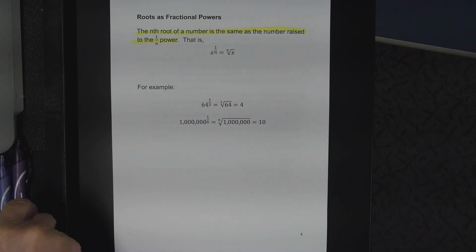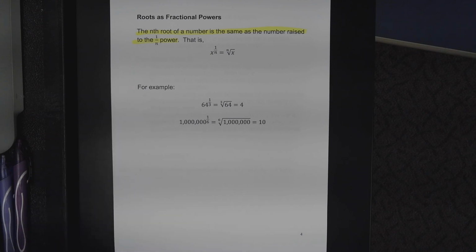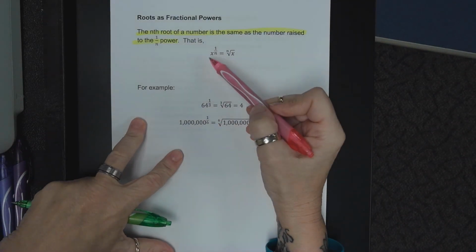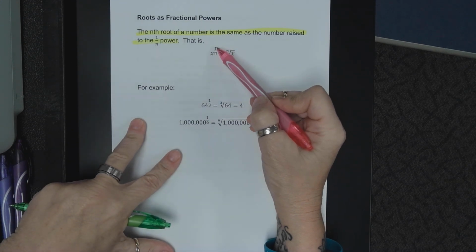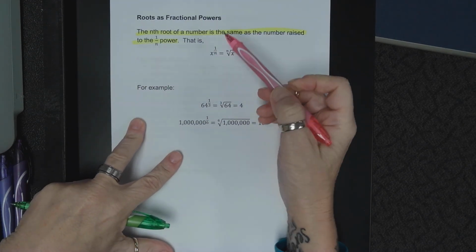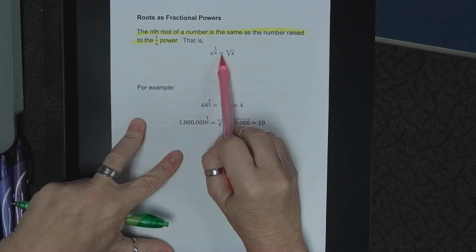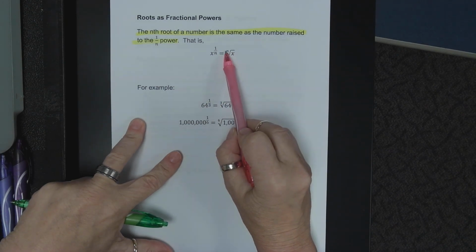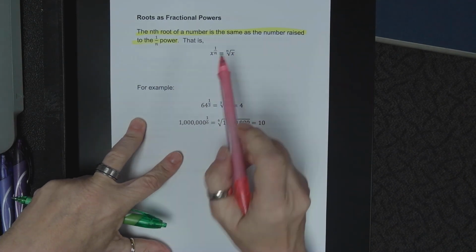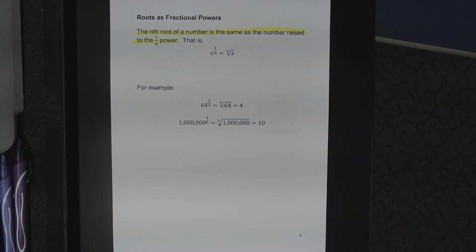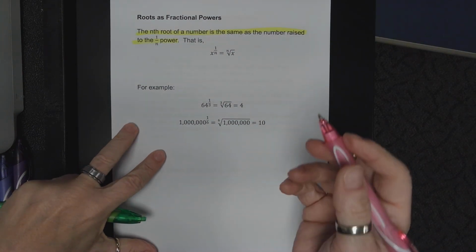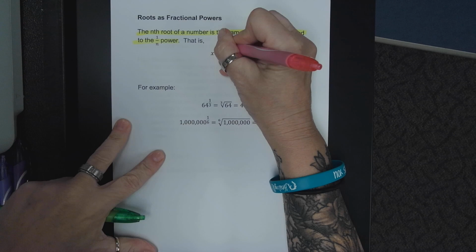Okay, so if we have x raised to the 1 over n power, that is the exact same thing as the nth root of x. I'm going to show you how. It's pretty neat. So this is your power.